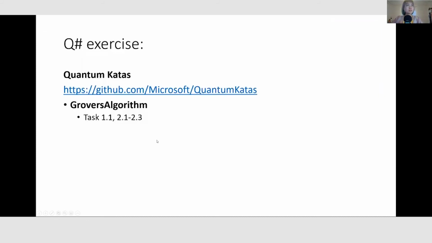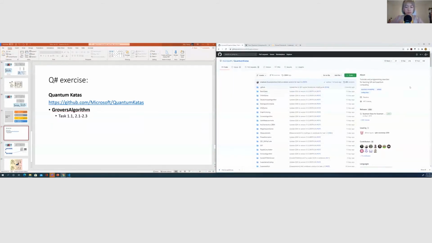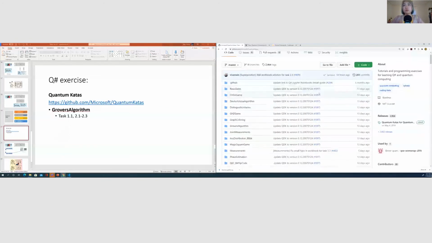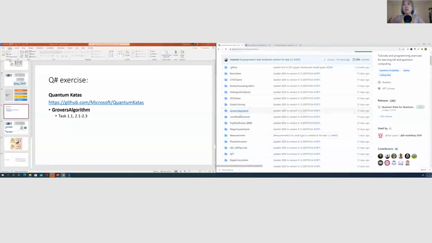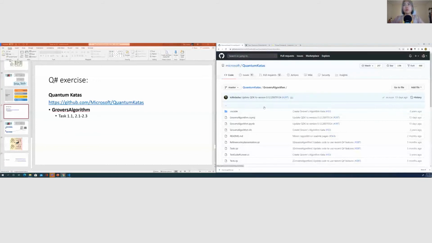So let's go to the katas. I will show both of my screens now. Do the Control+ to hopefully increase the words for you. And you can also do it on your screen. So the Grover's one is this Grover's algorithm folder.